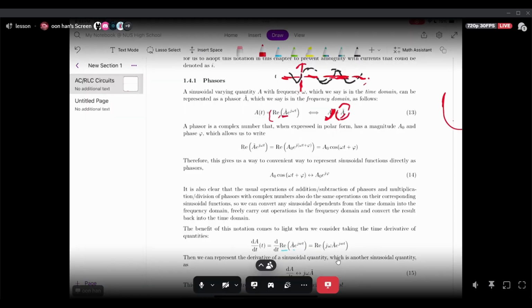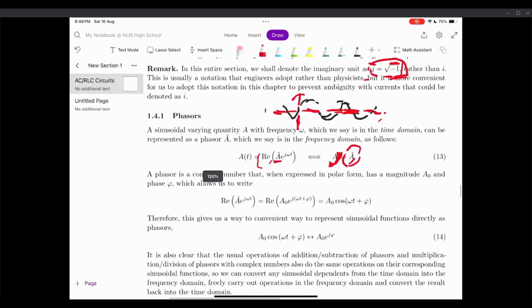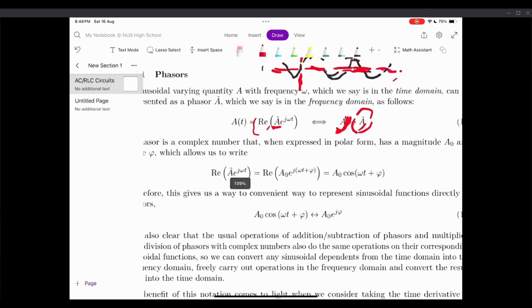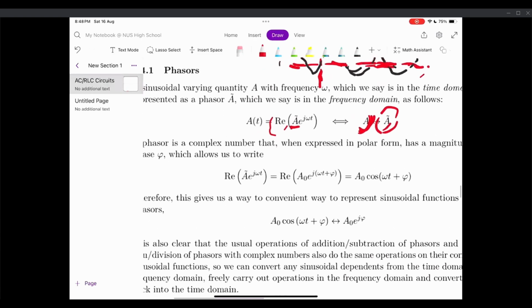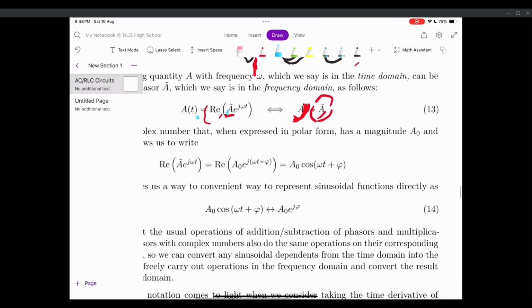Why did the omega t get left out for equation 14? Oh no, because the point of this transformation is to get rid of time dependence altogether. So this is why we say that A(t) is in the time domain, and this phasor is in the frequency domain.